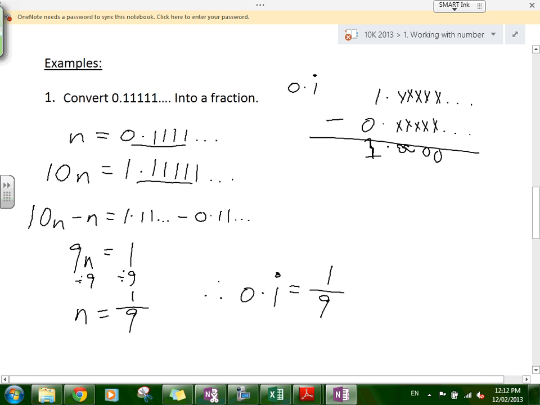Okay, go ahead and write down this method. Okay, write it down. So the idea is we're cancelling out the repeating part. And you have to just multiply it by 10 or 100, depends on what kind of pattern it is, with what you multiply it by. Okay, so in this case, it's a single repeating pattern, single digits, so multiply it by 10.